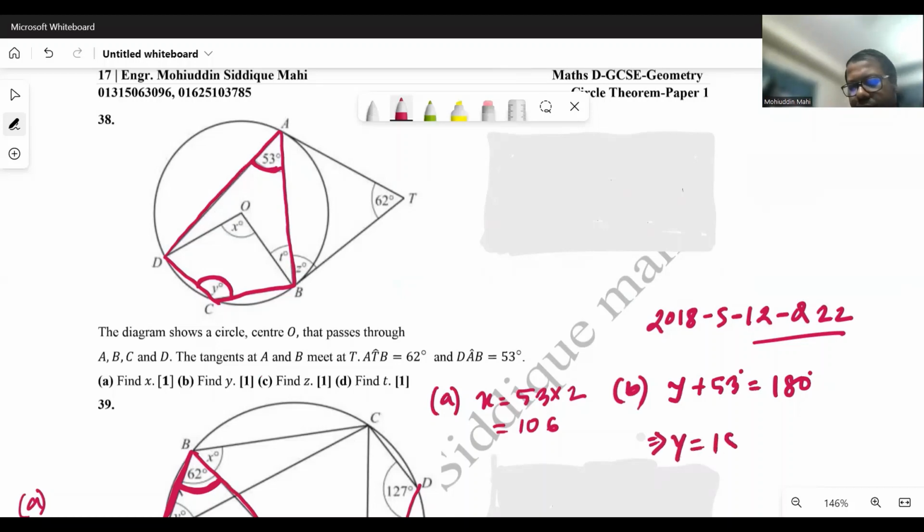So Y equals 180 minus 53, 127 degrees. Then we need to find out the value of Z in question C.